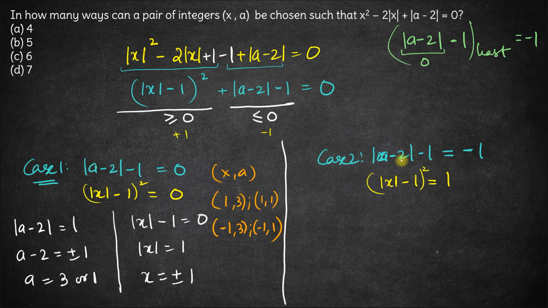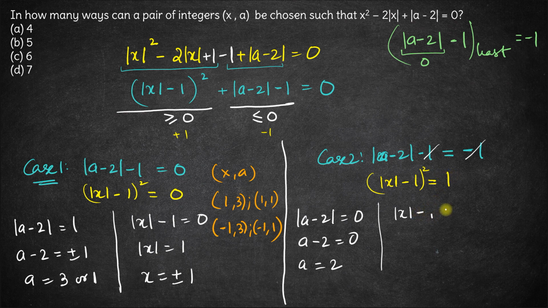Now coming to the second case, I have mod of a minus 2 minus 1 is minus 1. So minus 1 cancels out. Mod of a minus 2 is equal to 0. That means a is equal to 2. So only one possible value of a from here. And in this case, mod of x minus 1 whole square is 1. That means mod of x minus 1 is either plus 1 or minus 1.